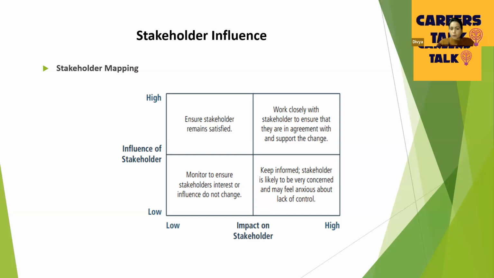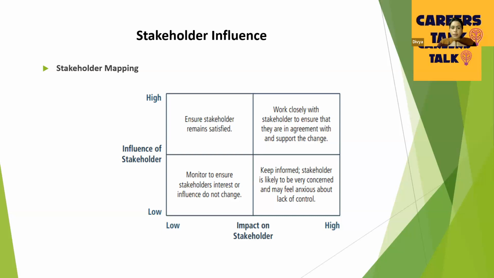And in the top right corner, where the impact is high and the influence is also high, you should work with these stakeholders very closely, to ensure that they always agree with you and support you in whatever decisions you're making and whatever changes you are suggesting.